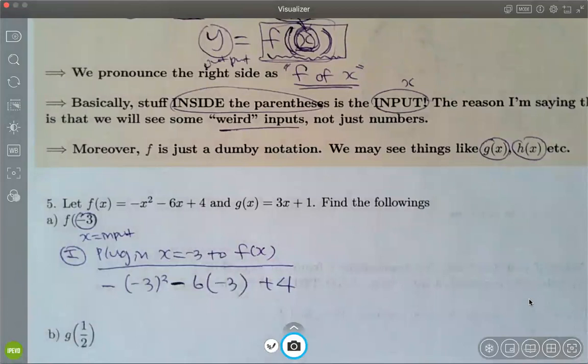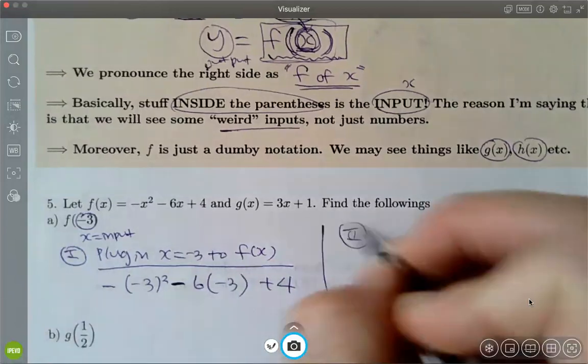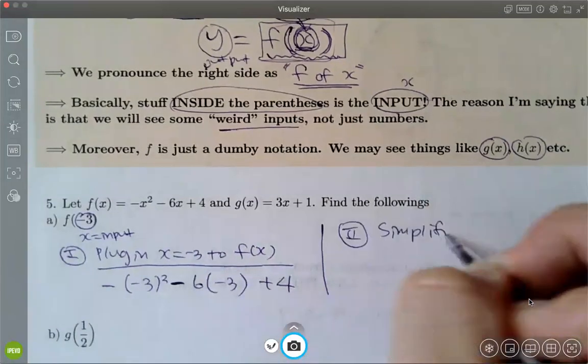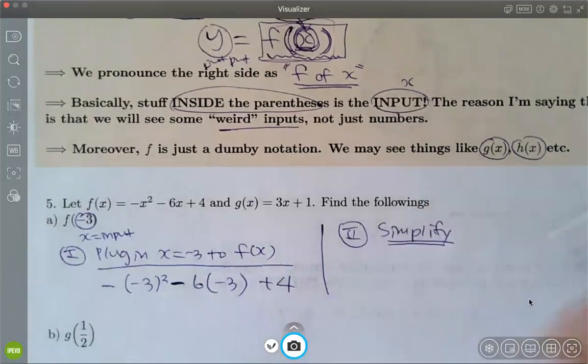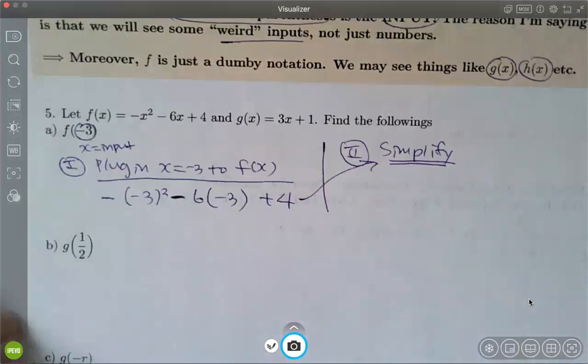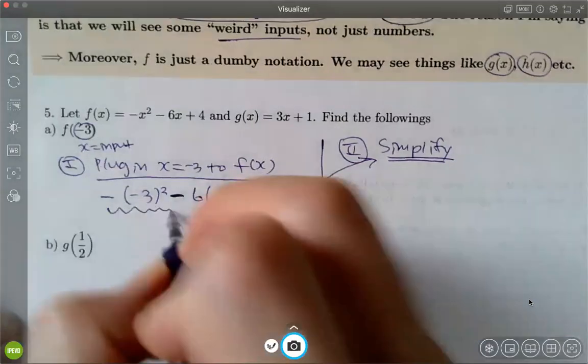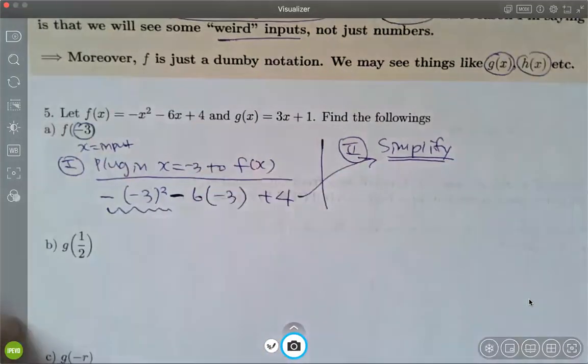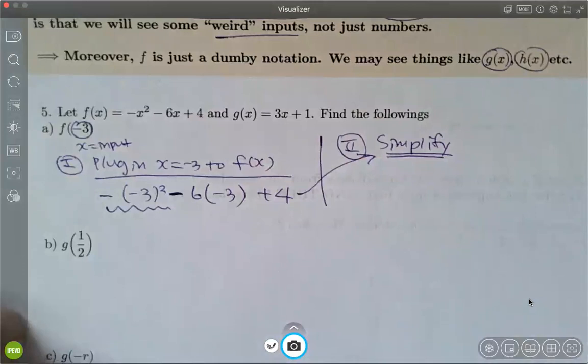Okay? So that's fairly simple to see, but here comes the critical part. How do we simplify this? So first of all, what is negative of -3 squared? -9. -9, right? It's not +9. Do you see why? Now here, what do we do first?